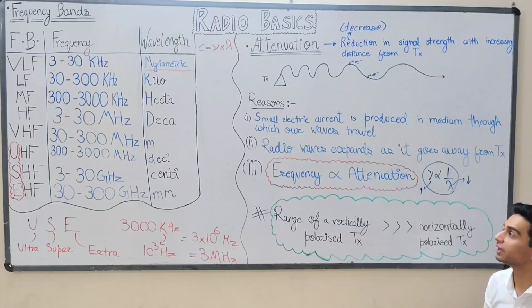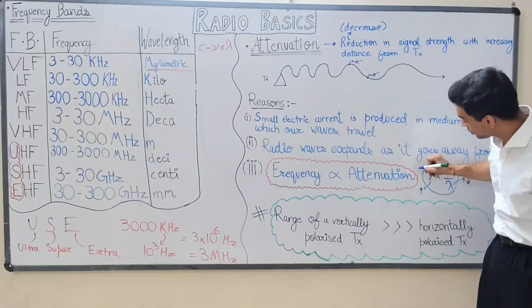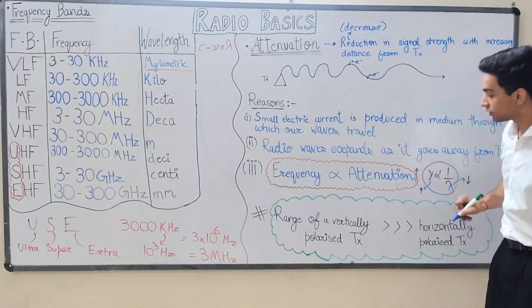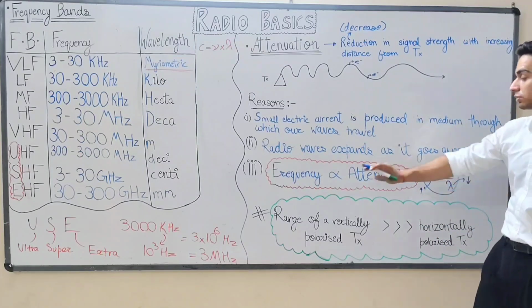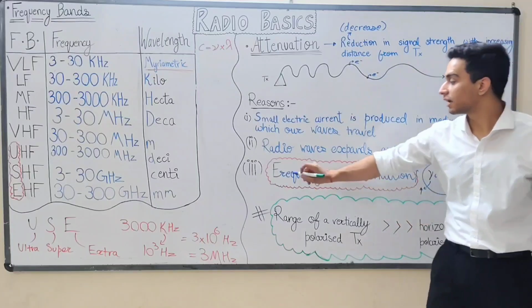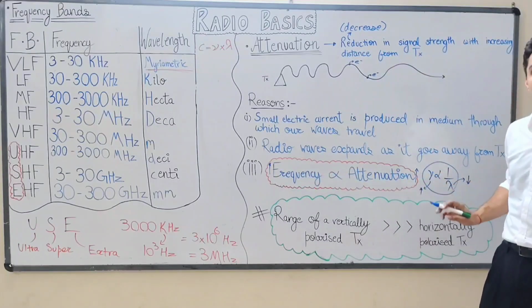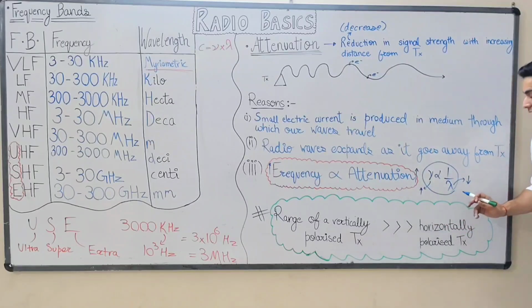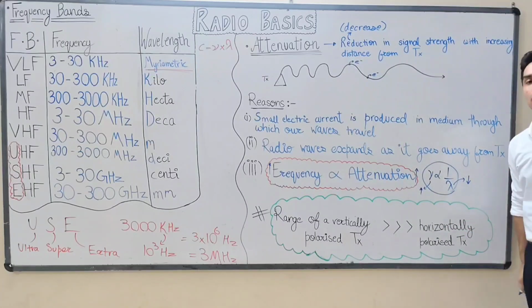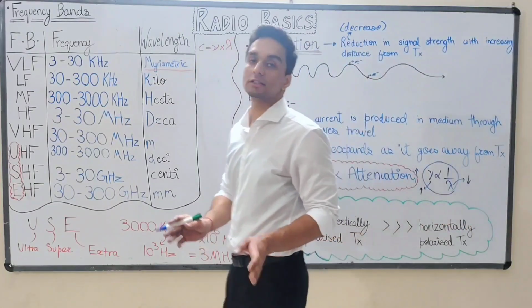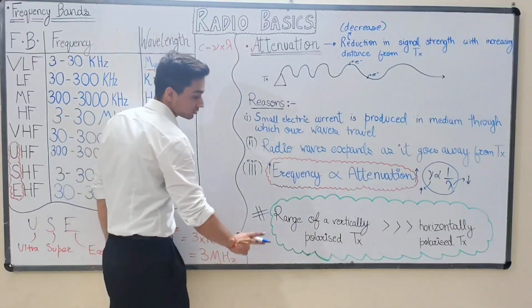Now, why did the range decrease? Because the attenuation increased. So, by this relation, you can remember that if frequency increases, attenuation also increases. Thus, it travels less.